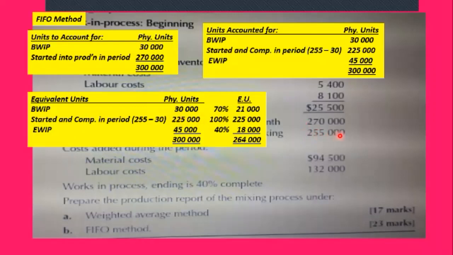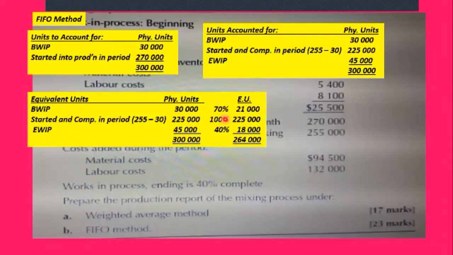Take the 255 that was completed and transferred out during the period, and we minus the 30 that we have up here already. These would have been completed sometime during the period, right? And we get that 225,000, and those would be 100% complete.